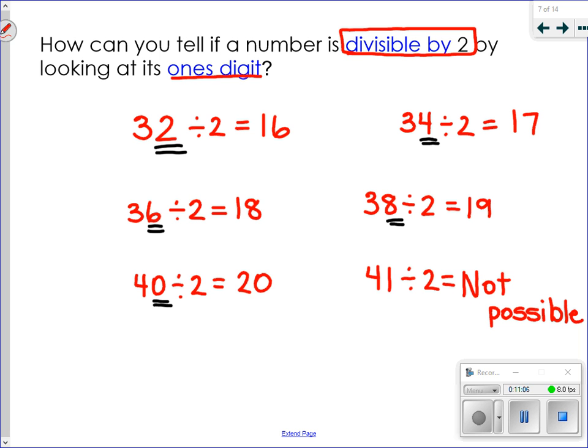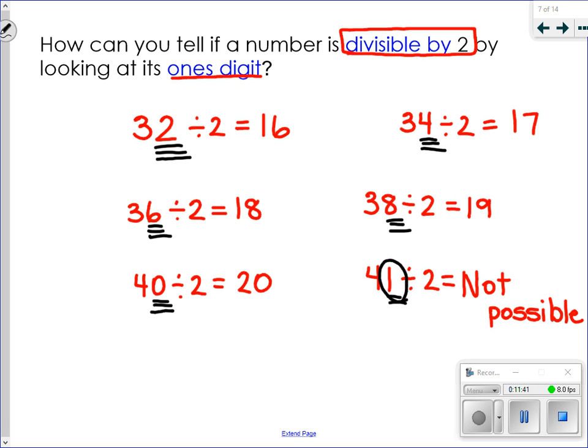What do you notice about the digit in the ones place, for the numbers that can be divided evenly by 2 and the number that cannot? Our numbers are ending with 2, 4, 6, 8, or 0 if numbers are divisible by 2. Numbers that end in an odd number, like 1, 3, 5, 7, or 9, are not divisible by 2.